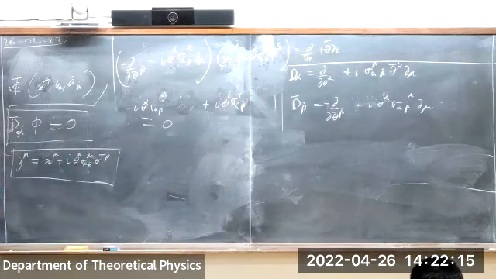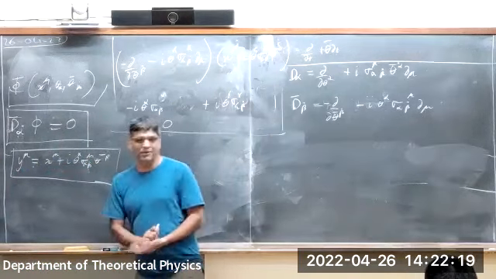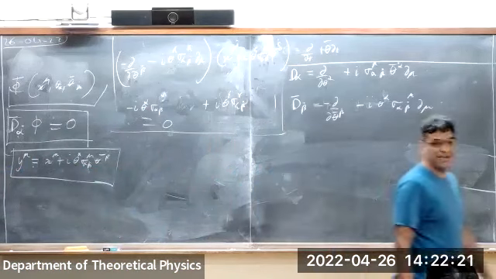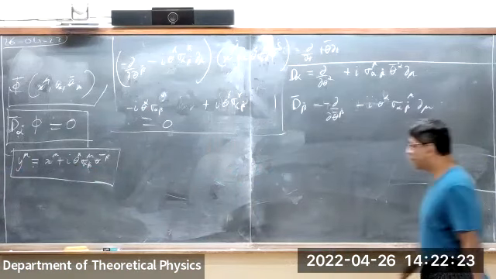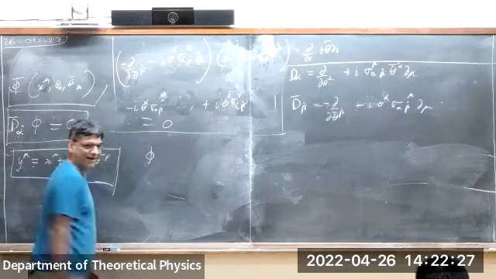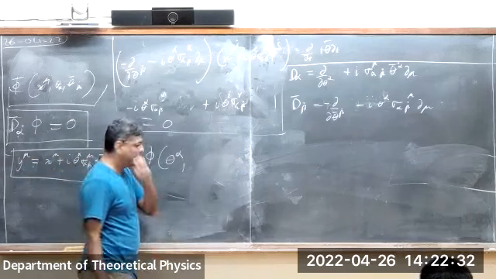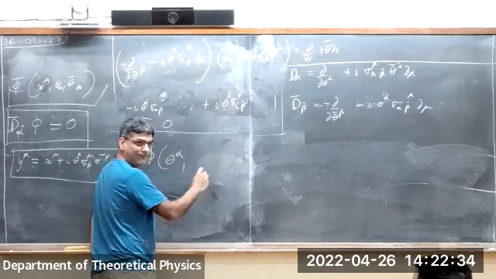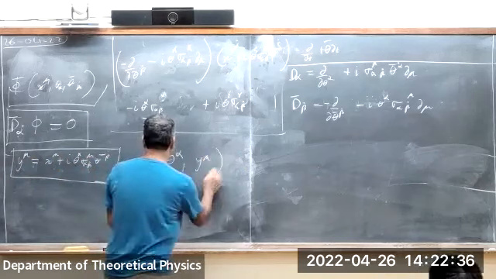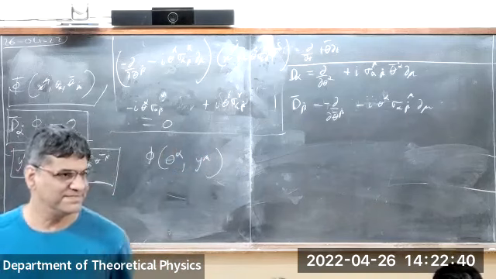Excellent. So we verified that this y mu is annihilated by D bar. Therefore, if we take a field phi and write it as the most general function of theta alpha and y mu, then this is the most general chiral superfield.